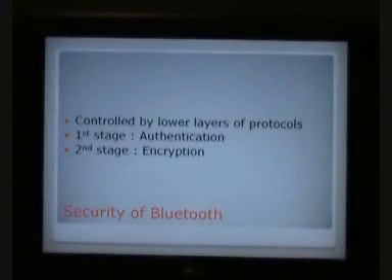So we talk about security of Bluetooth. The security is controlled by the lower layer protocols such as HCI, L2CAP, and RFCOMM. First, each Bluetooth module has a unique 48-bit address called MAC, which is used to recognize the equipment to the corresponding terminal.